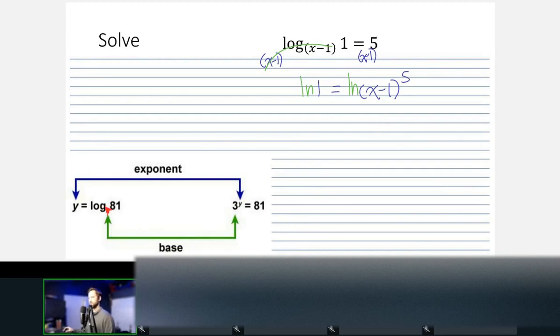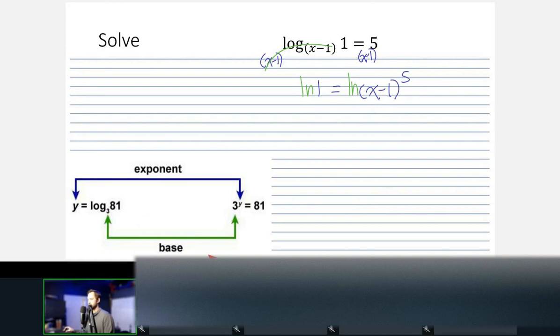To convert from log form to exponential, you can always look at it as 3 to the y power equals 81. So again, 3 to the y power equals 81, which is what is going on over here.